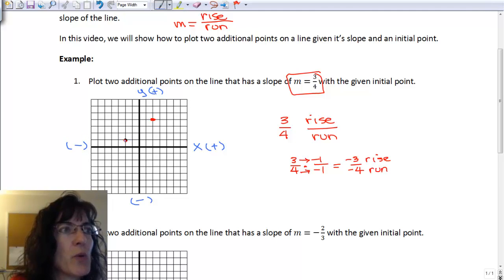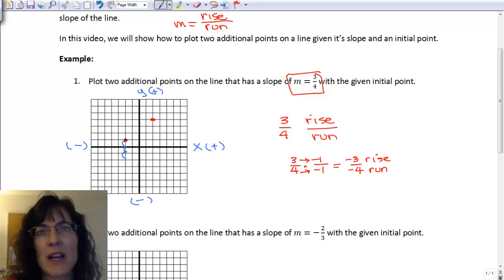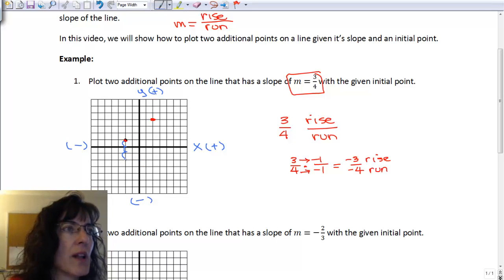So starting at this point, if I want to go in the negative direction, I'll go -1, 2, 3 for my rise, a -3, and a run of -4. So I'll head in the negative direction again, 1, 2, 3, 4. That puts me right here.